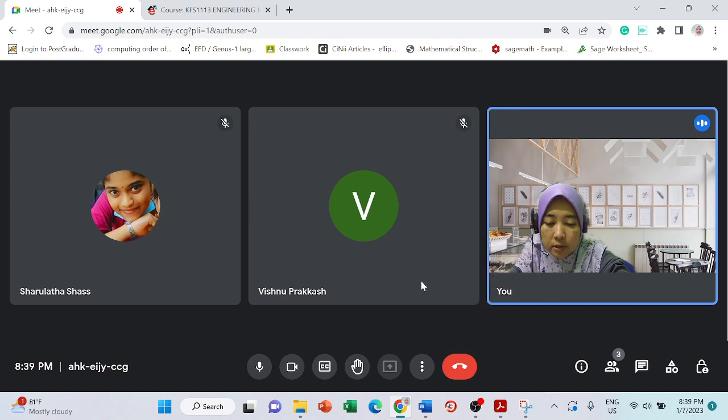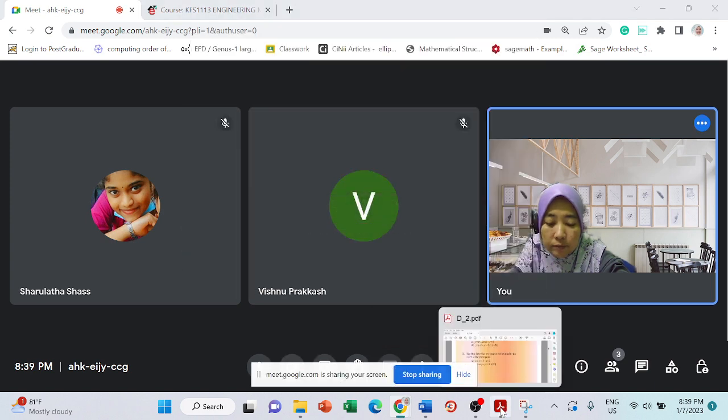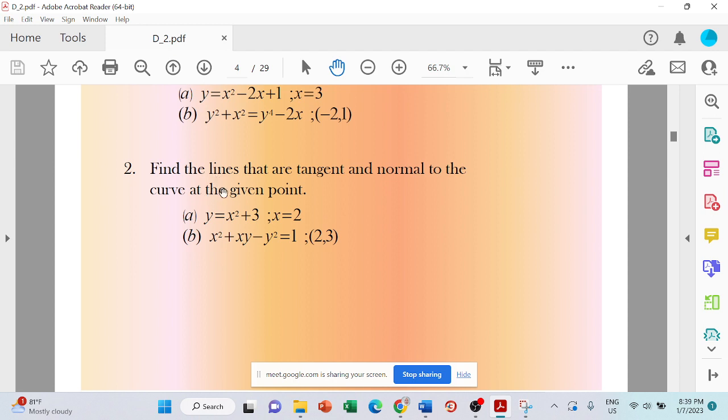Okay, so let's see another second equation. Okay, we have implicit. This equation jenis implicit, okay. Then this is dia punya koordinat x sama dengan 2, y 3.